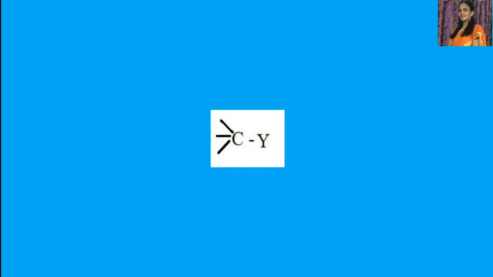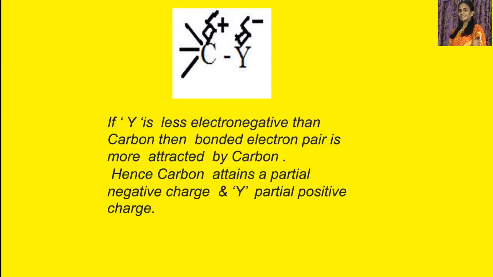In this molecule, between carbon and an atom Y, there is a single covalent bond, a sigma bond. This Y atom is less electronegative than carbon. Then what happens? The bonded pair of electrons is more attracted by the carbon.